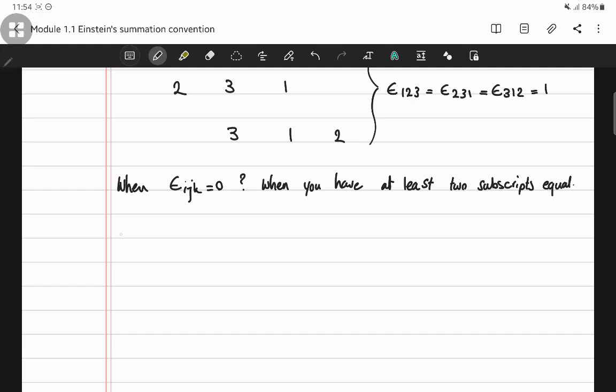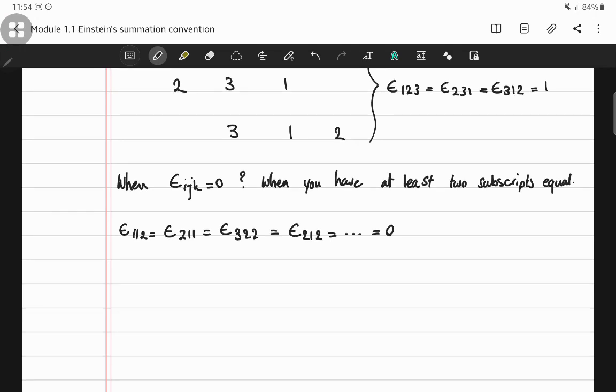So for example, epsilon 1 1 2 is equal to epsilon 2 1 1 is equal to epsilon 3 2 2 is equal to epsilon 2 1 2, and the rest is equal to 0 here.